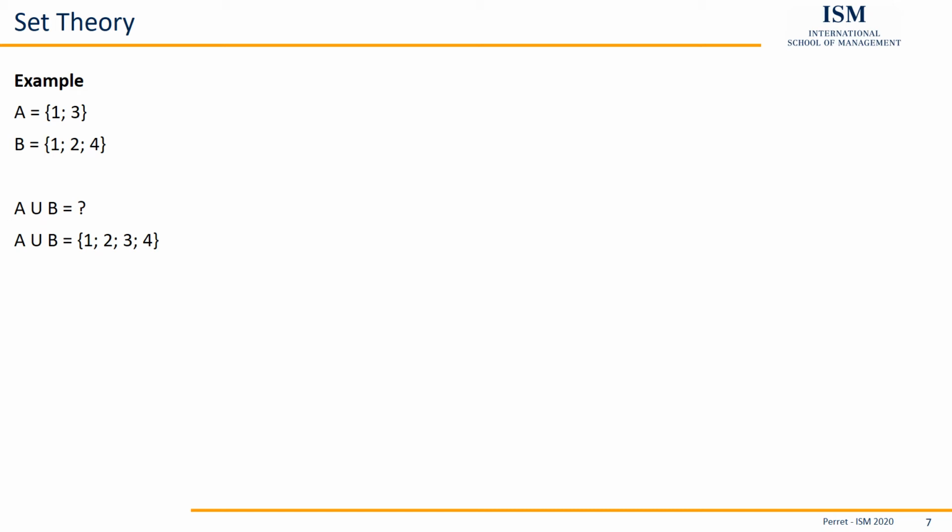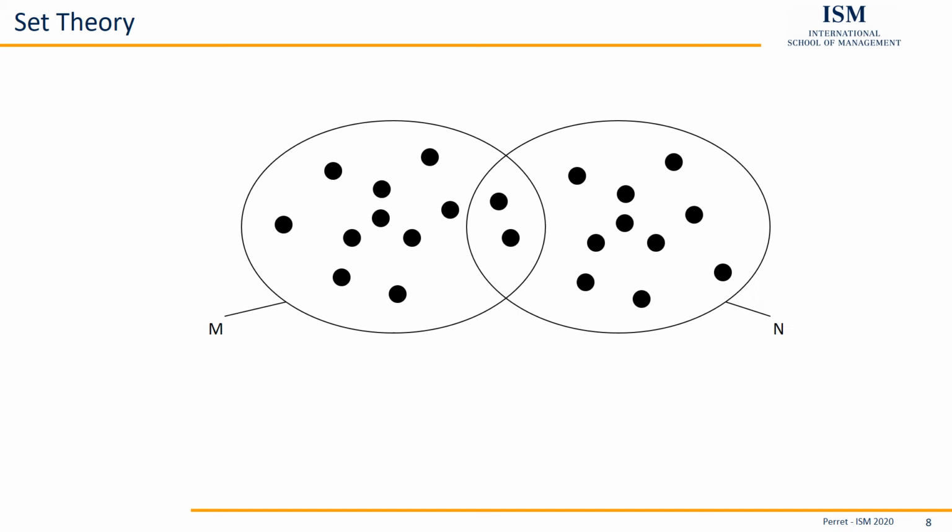So this was already the first three parts. So there's only one aspect left, which we haven't yet talked about. And for this one, you see, again, the same two sets. And what we're doing now is basically we're cutting the set N out of M. So we consider only the stuff which is purely in M. And that's this part here.